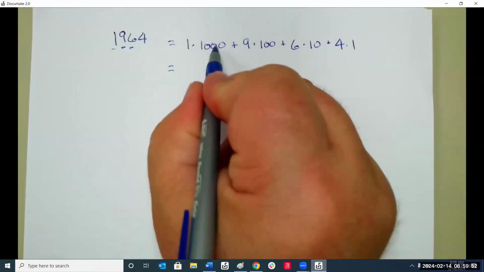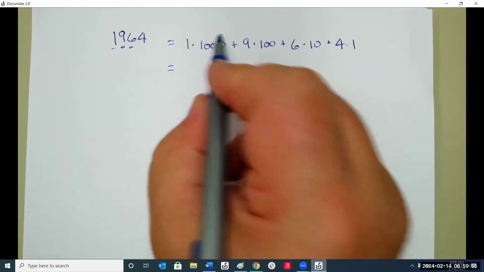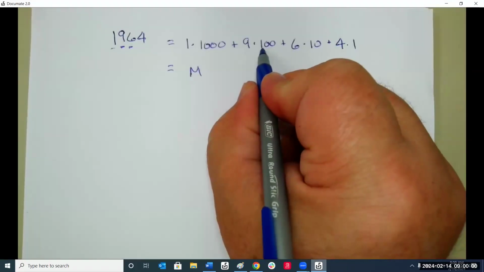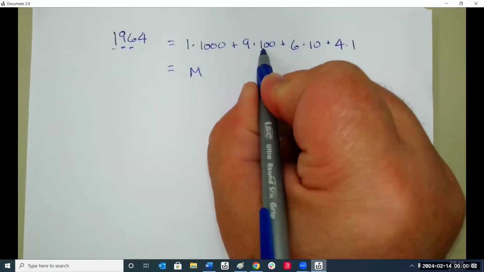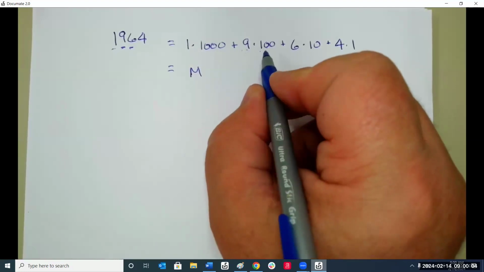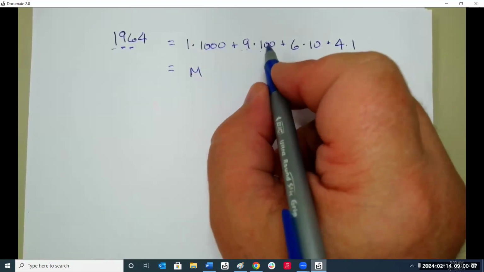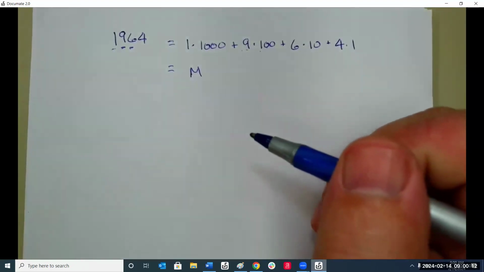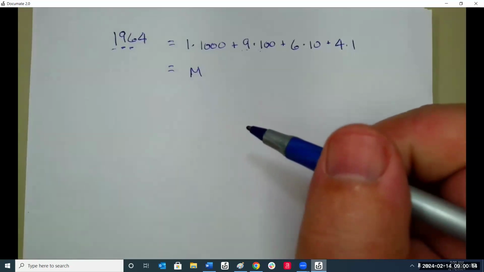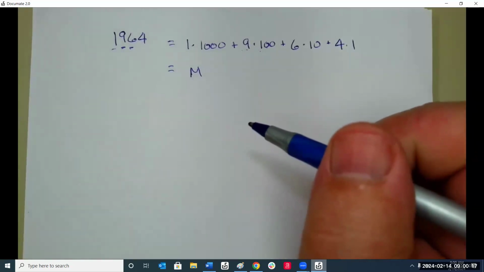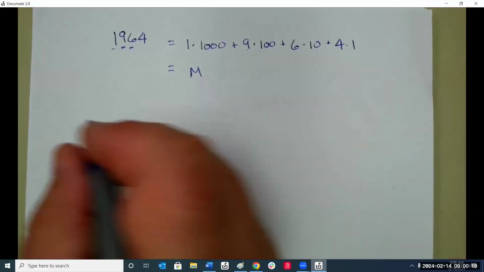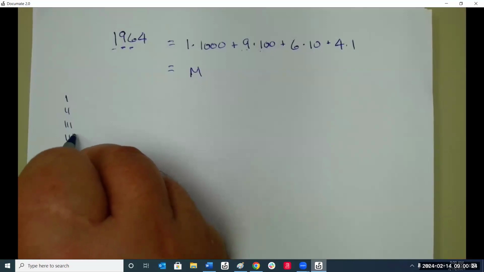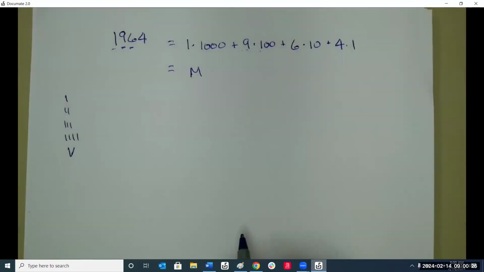So what's 1,000? What symbol? There's only one of those. Yeah, but if we had 9 100s, how can that be written? How can 900 be written? Remember, in Roman numerals, you could never have more than 4 of a kind. In other words, if I go from 1, 2, 3, 4, the next one has to be a 5.